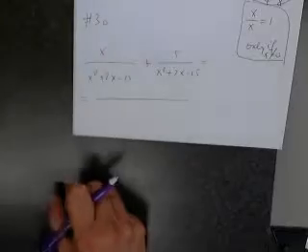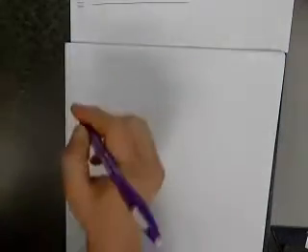So in this case, no adjustments are needed, nothing. But we need to factor, we need to state restrictions, and potentially simplify.